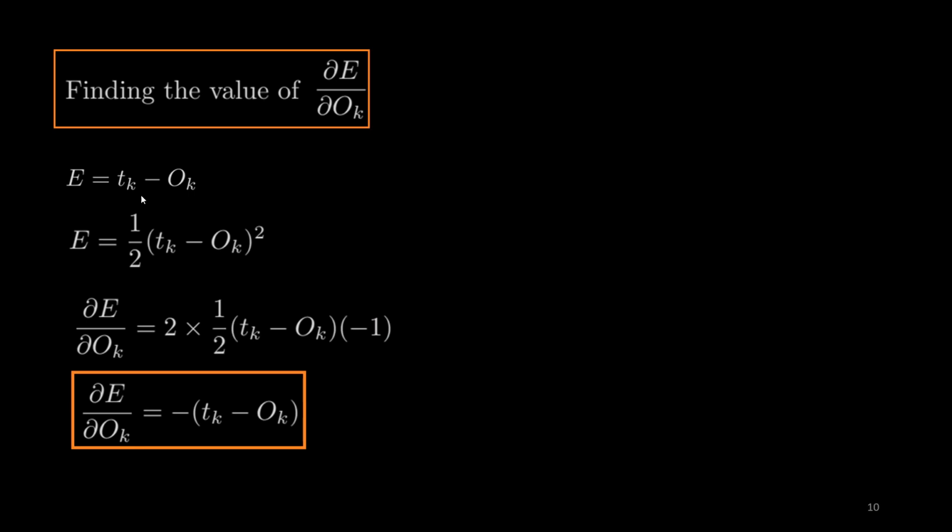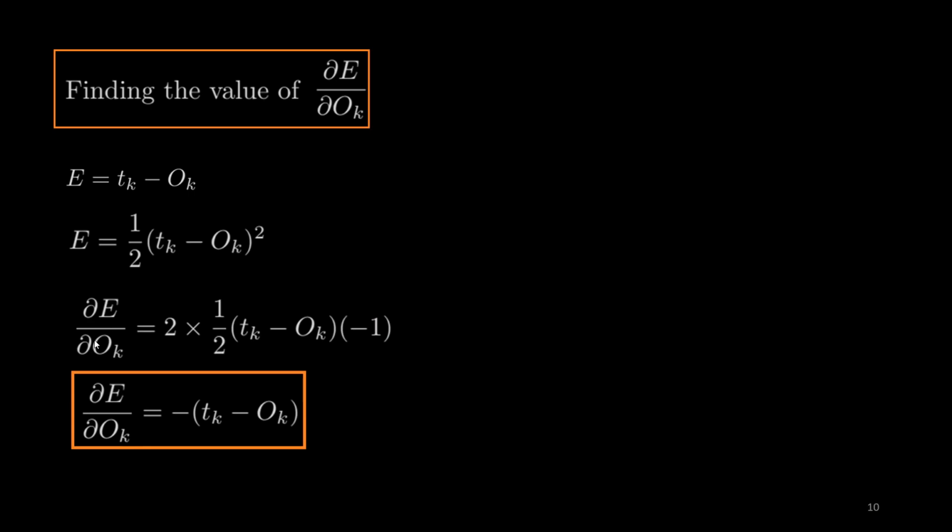So that was our error. Here we transform the error into the square error. Then we add half, and it becomes half tk minus ok square. This is our error which we have to differentiate, so this is dE by dOk. Here I am taking the first derivative of this error. So 2 tk minus ok, then according to the chain rule, we have to find the derivative of this bracket as well.